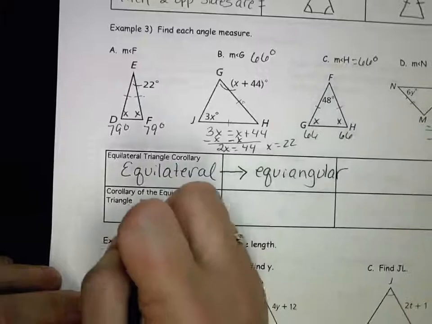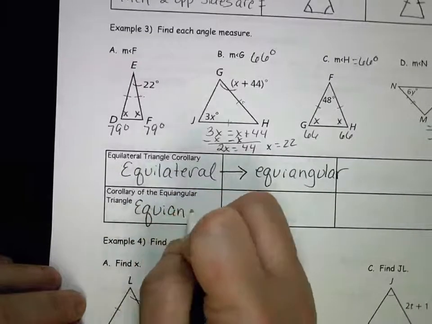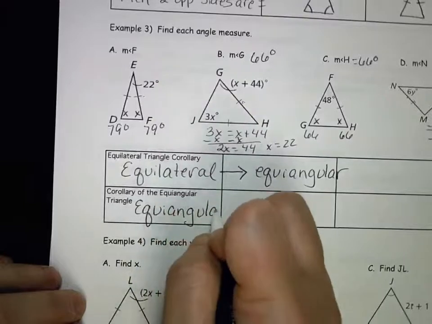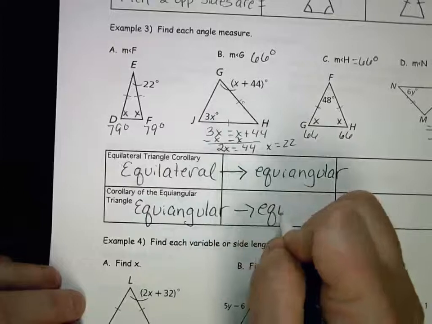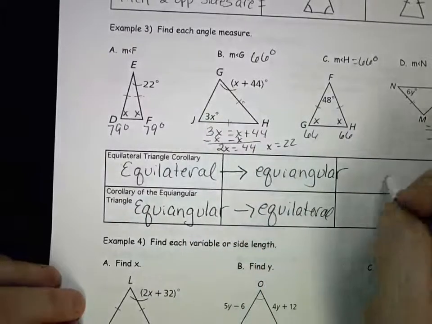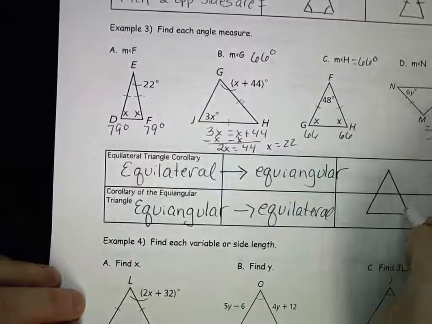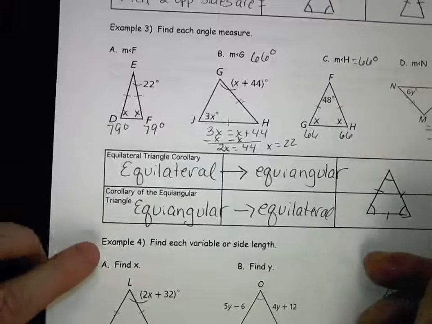And the next one says, if it's equiangular, or all three of the angles are congruent, then it is also equilateral. So with any triangle, if the three sides are equal, then the three angles are equal. And if the three angles are equal, then the three sides are equal.